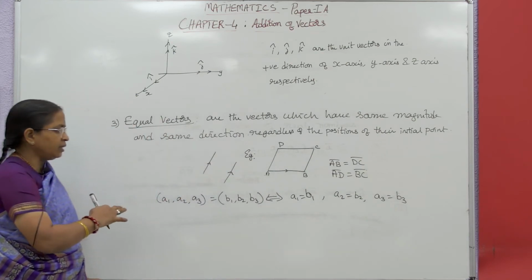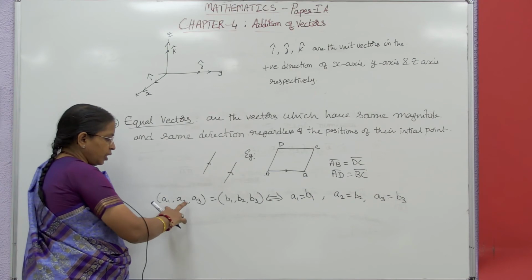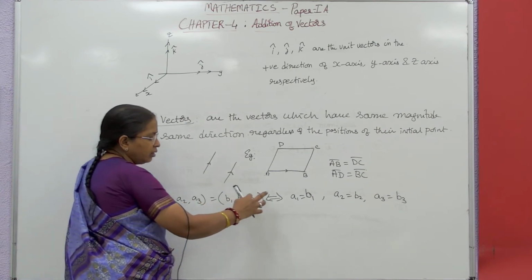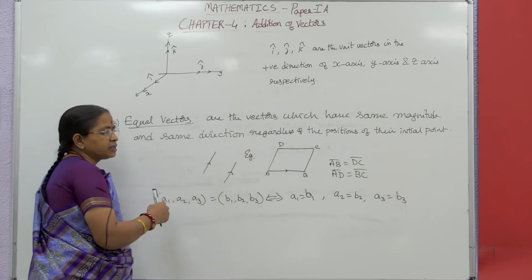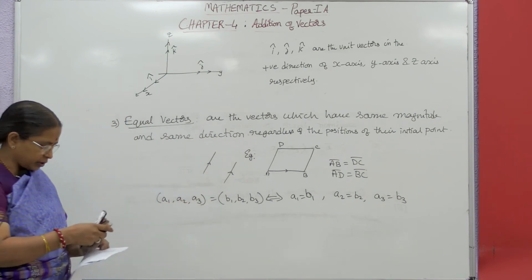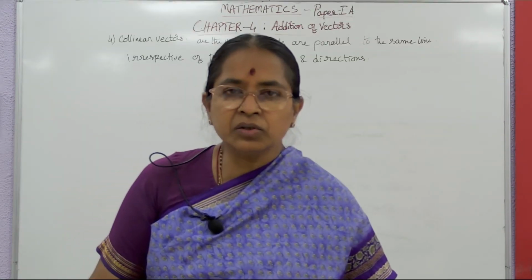Only then are these two vectors said to be equal. So two ordered triads are equal if and only if their corresponding coordinates are equal. That is over. Next is collinear vectors.